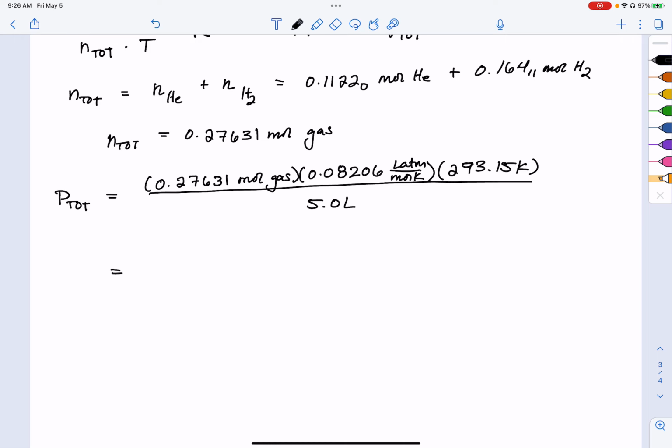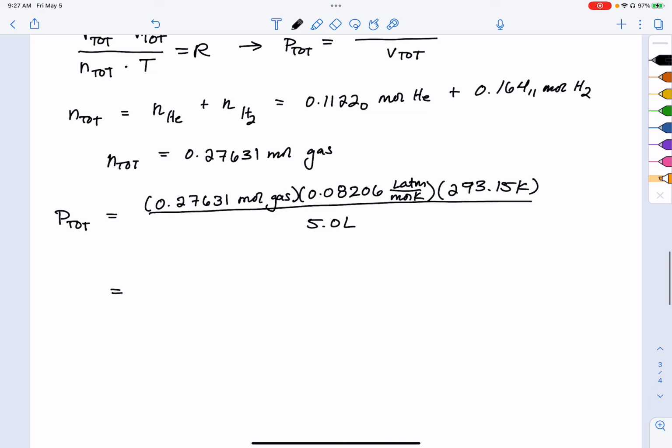So 0.27631 moles times 0.08206 liter atmosphere per mole Kelvin times 293.15. All right, then divide that by 5.